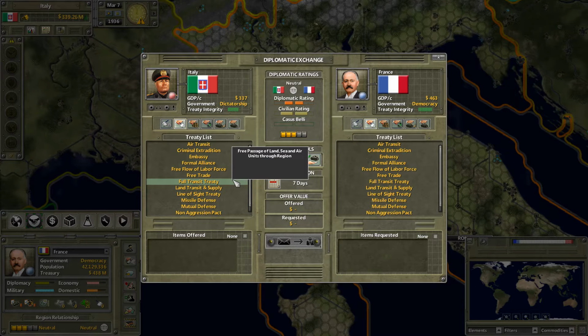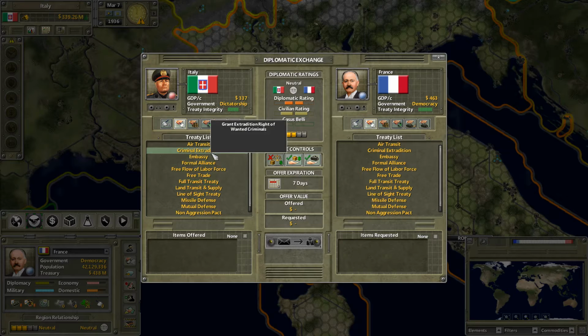For example, the criminal extradition is one of those things that it doesn't really do much other than improve the relations a tiny bit. But at the same time, stuff like free trade and free flow of labor force will actually have an effect on your economies. It will kind of even out the difference.